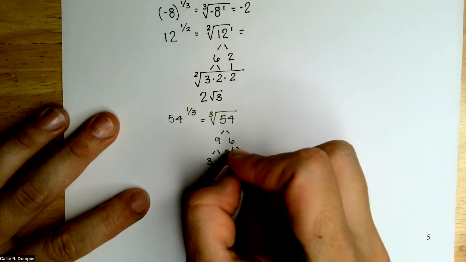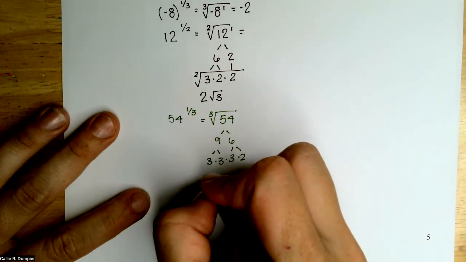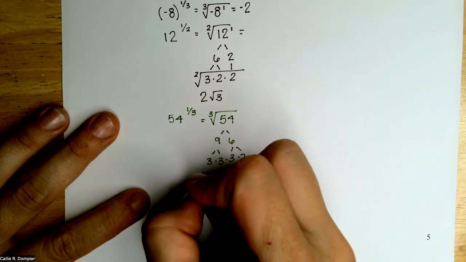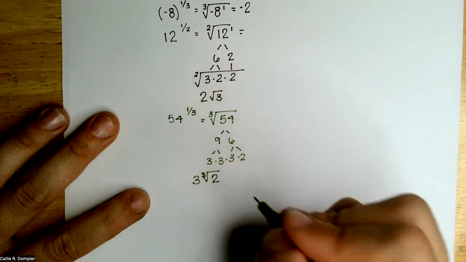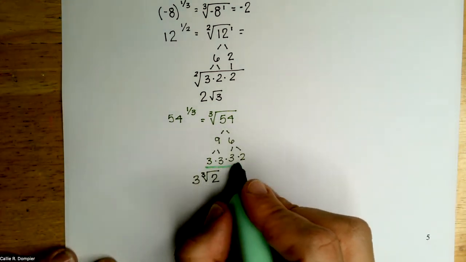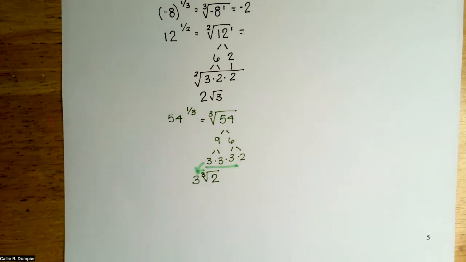And the third root, so I can take all of those 3's out. So the third root of 54 becomes 3 times the third root of 2, right? Because all 3 of these can come out.